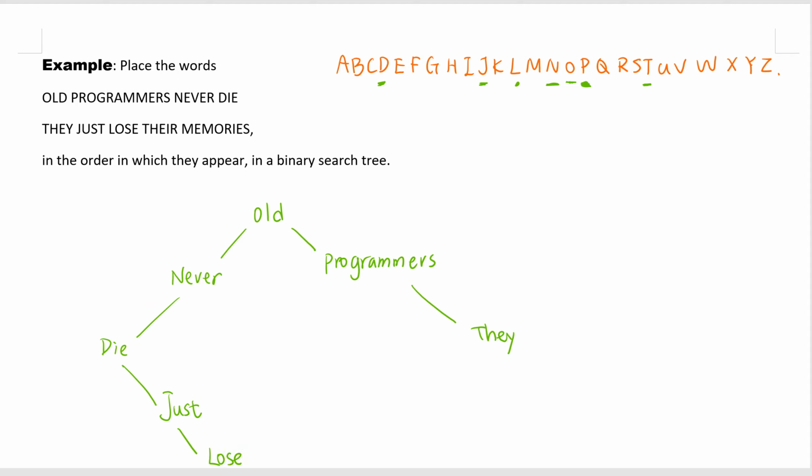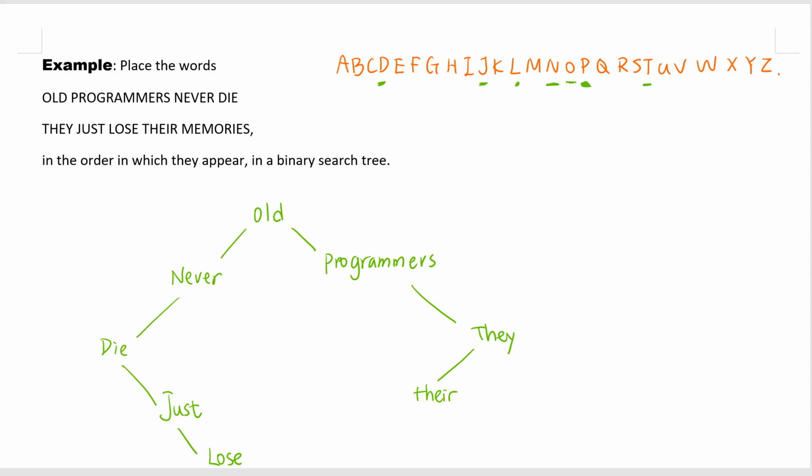There is T. Oh, we already have a T, right? So they. I is on the left of Y, so there should be on the left of they. So far, so good, everybody.